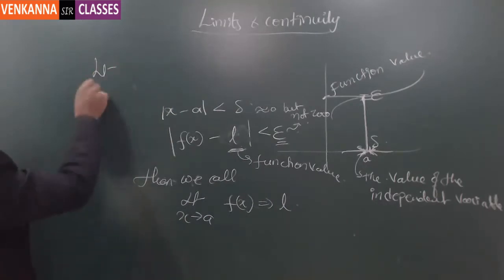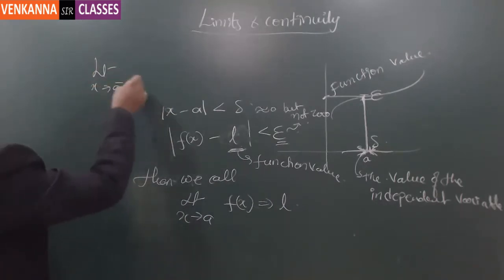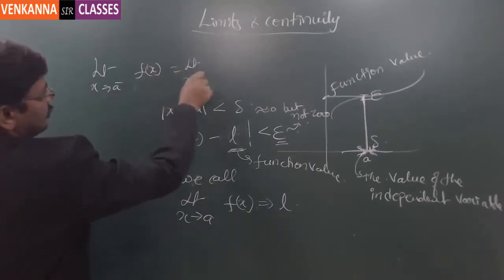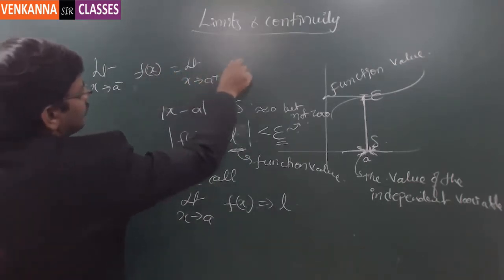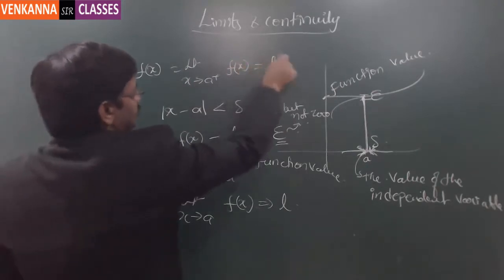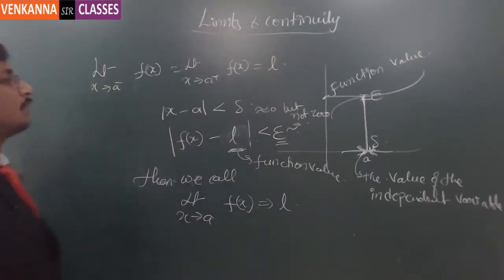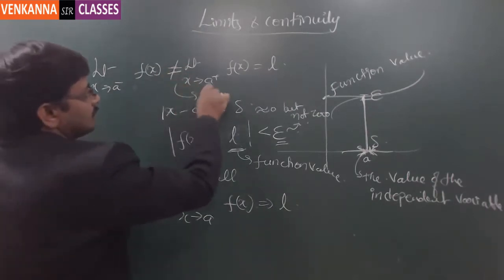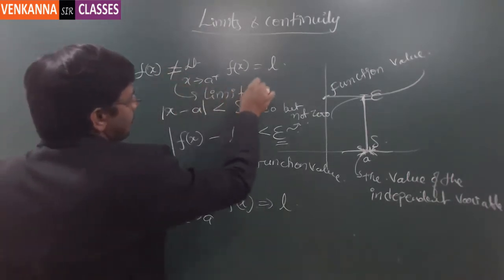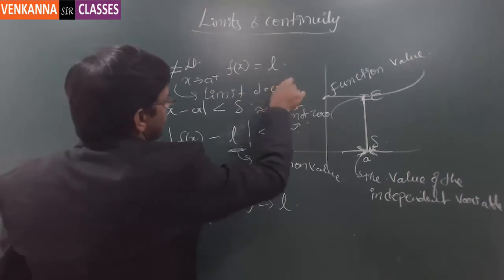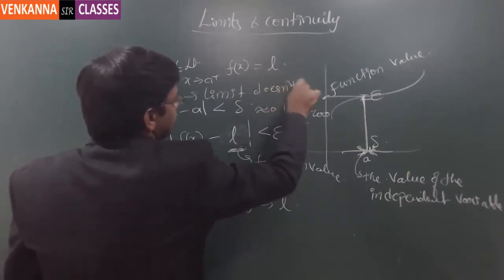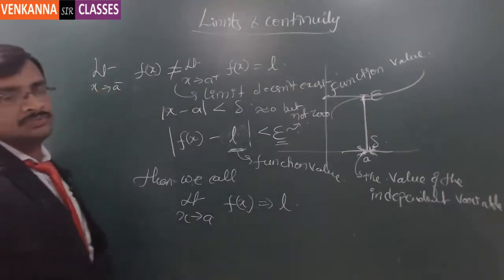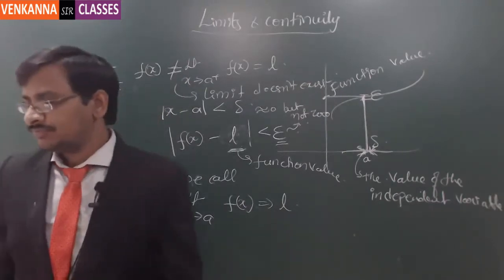That is, limit x tends to a minus f of x is equal to limit x tends to a plus f of x is equal to the limit L. Suppose these two are not equal, then the limit doesn't exist. Got it or not? This is what the limit is. Clear?